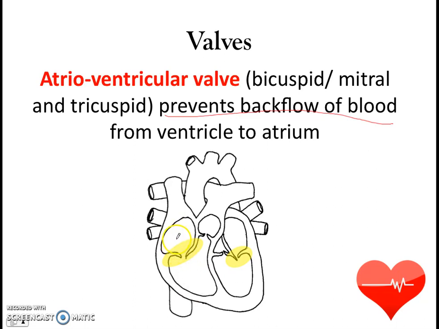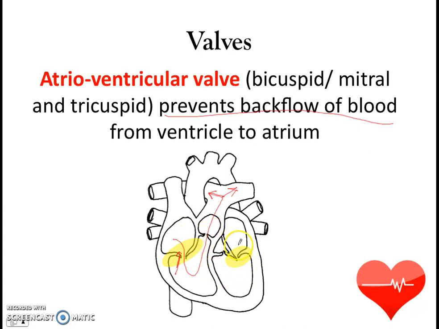So remember, blood goes from the atrium to the ventricle, and then the ventricle contracts and blood will go out of the heart, right? Now when the ventricle contracts, there's a risk of some blood actually going back into the atrium. But what happens is that this valve will close and prevent any blood from going back into the atrium. So that's the function of the atrioventricular valve.